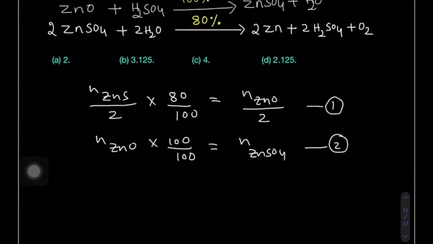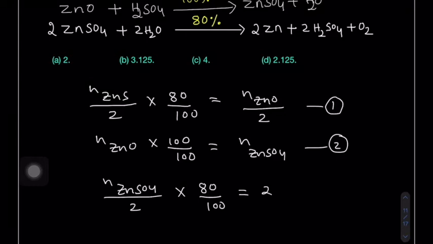Next, number 3: number of moles of ZnSO4, stoichiometric coefficient is 2, into percentage yield 80% is equal to 2 into number of moles of zinc divided by stoichiometric coefficient. That is equation number 3.